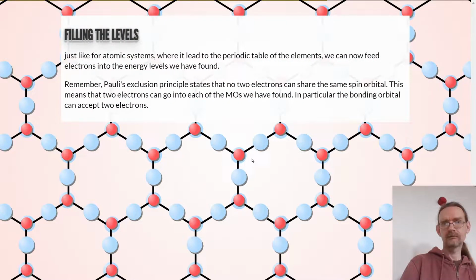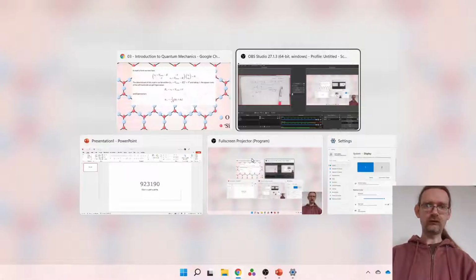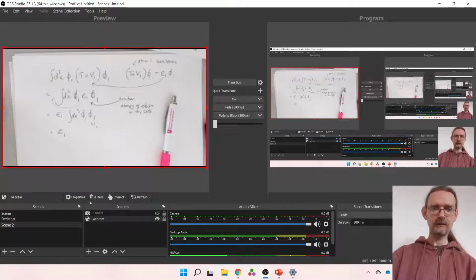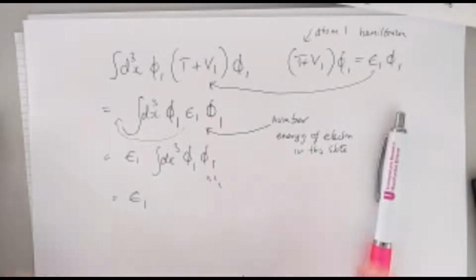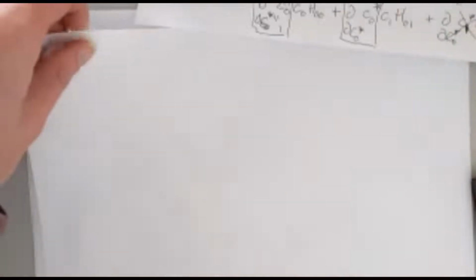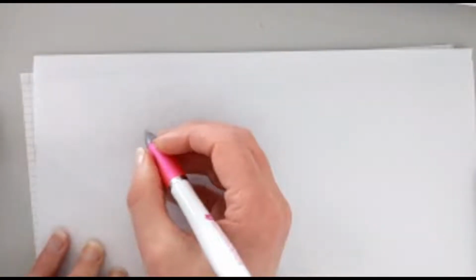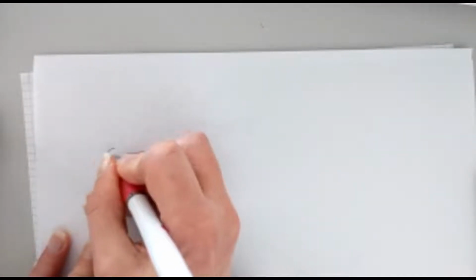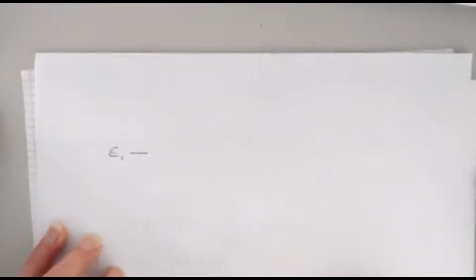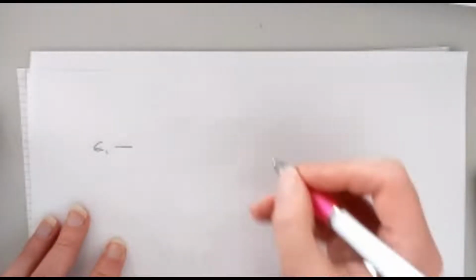Let's just draw these down. So once we've solved these equations, we've got an energy level epsilon 1 on the left for atom 1.